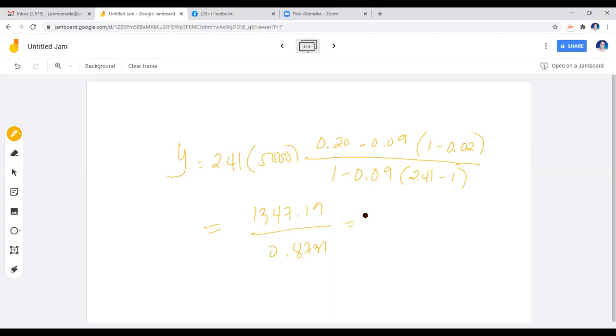So you have an answer of 1542.996. Our yield is 1,543 kilograms. What's your yield? Yield crystal is referring to the sodium sulfate decahydrate.